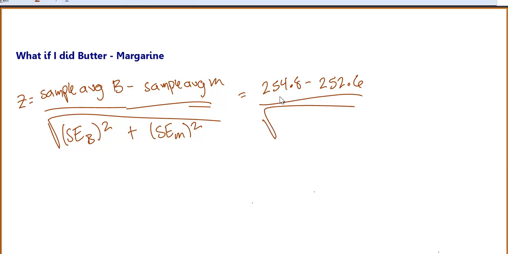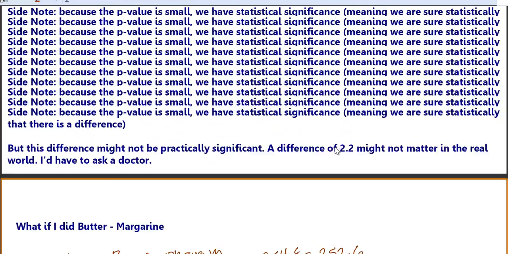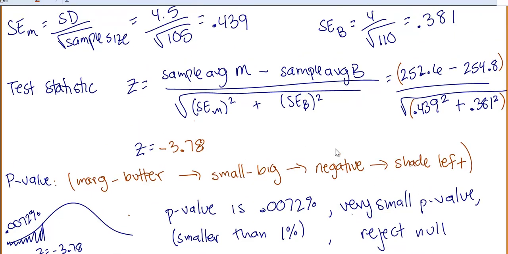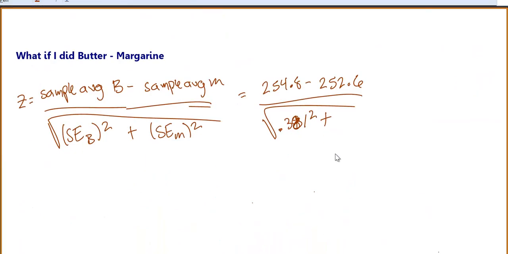And the standard errors we said are 0.381, and I don't remember the other one, 0.439. So everyone go ahead and put this into your calculator to see what you get.